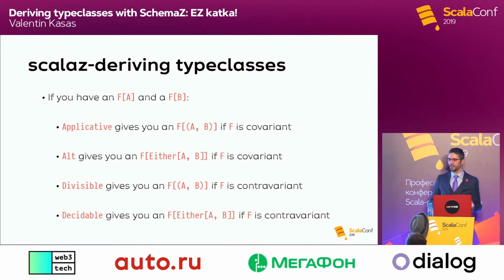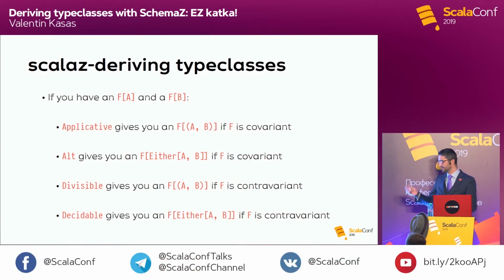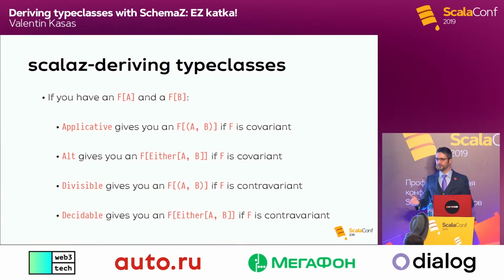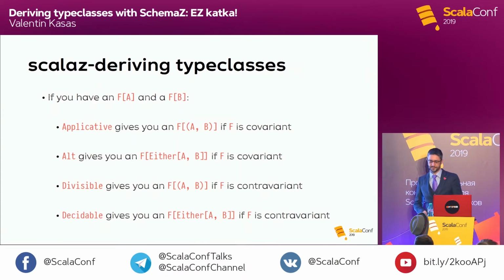Similarly, alt will, for the same type class, give me an instance of F of either AB. And if my F is contravariant, divisible will give me the F of pair AB, and decidable will give me the F of either AB. So, thanks to that, if I'm able to decompose my business types in terms of pairs and sums, I will automatically be able to build instances for my ADTs.